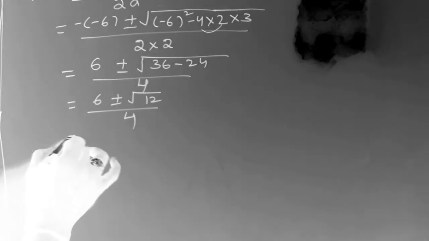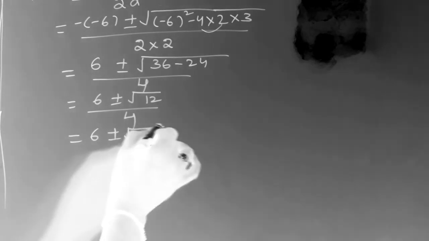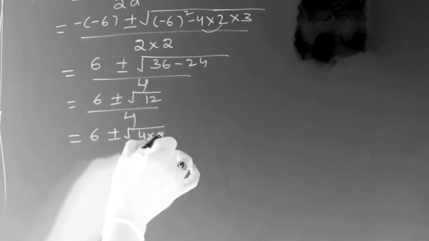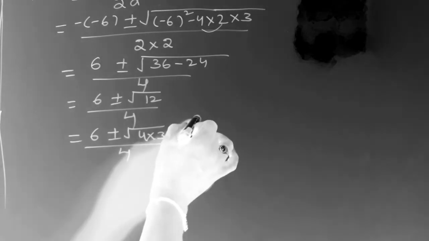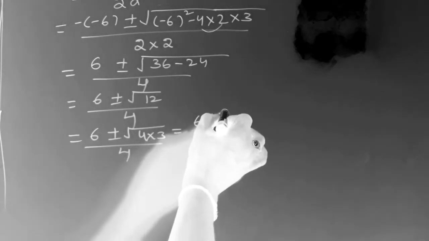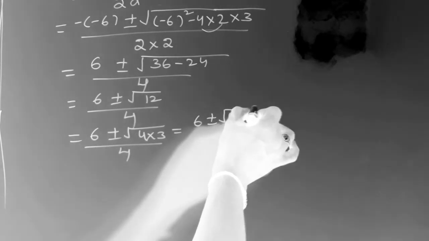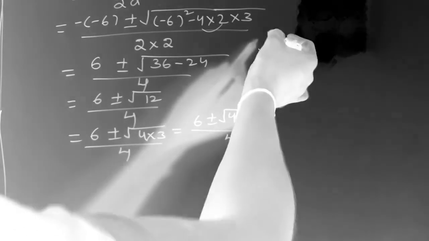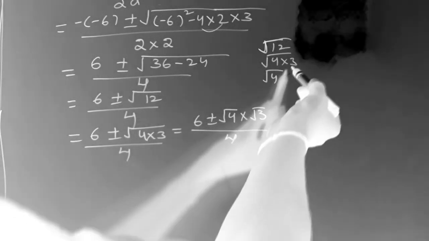Now here, 12 can be written as 4 into 3, that is nothing but 6 plus or minus root 4 into root 3 we can write, by 4. So under root of 12 is there here. 12 can be written as 4 into 3.